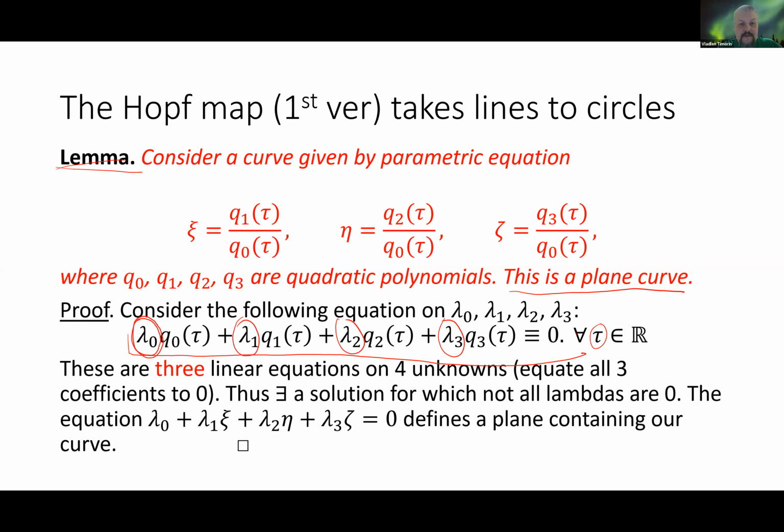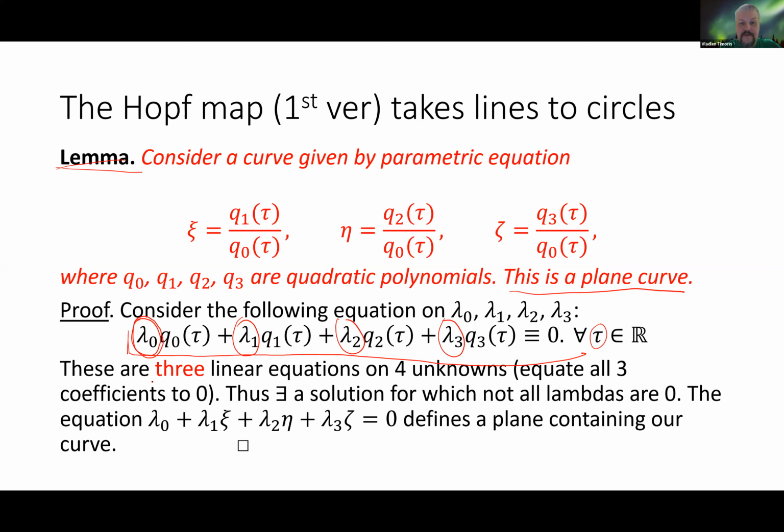So when we say that a quadratic polynomial vanishes identically, that's equivalent to saying that all coefficients of this quadratic polynomial vanish. And a quadratic polynomial has 3 coefficients. So what we have here is a system of 3 linear equations on 4 unknowns.